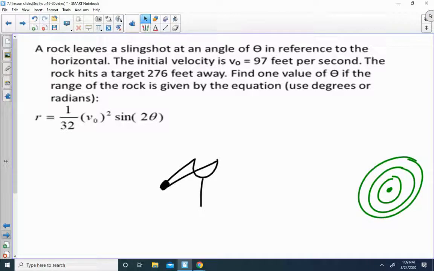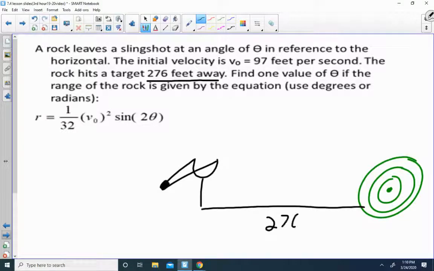And some other information we know is that the target is going to be 276 feet away. We also know that when this rock leaves the slingshot and goes to hit the target, its speed is going to be 97 feet per second.